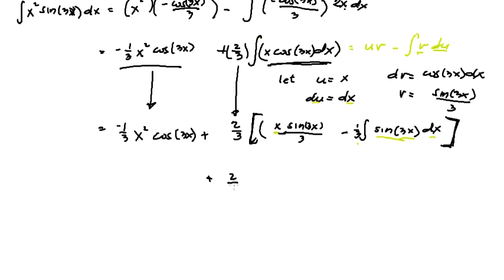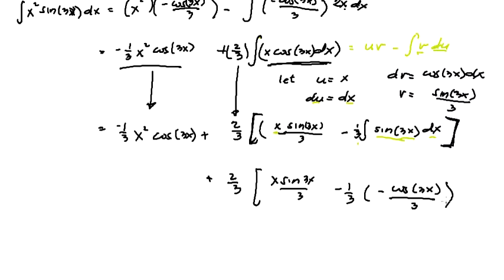We have 2/3 times x sine of 3x all over 3 minus 1/3 times the integral of sine, which is negative cosine. So we have negative cosine 3x all over 3, and then plus c.